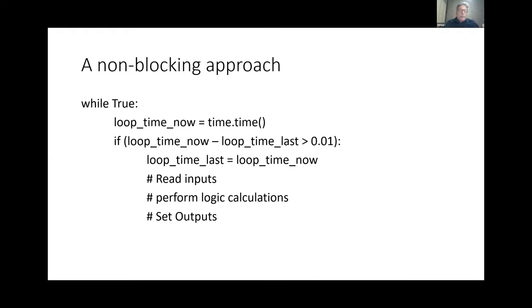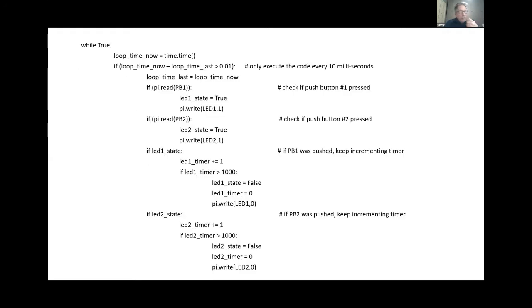So it might be a bit small, but what I'm doing here, I'm saying, okay, it's the same architecture. Read the time. If the loop is now more than 10 milliseconds since you operated last, execute.